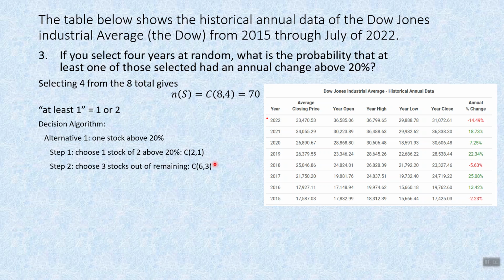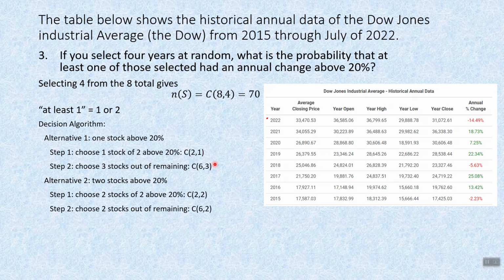Second alternative, both could be above 20%. So we'll choose 2 of 2 above 20%. And then we'll choose 2 out of the remaining 6, because we still need a group of 4. If we write that out in equation form, the number in E will be C of 2, 1 times C of 6, 3, plus, moving on to our next alternative, C of 2, 2 times C of 6, 2.